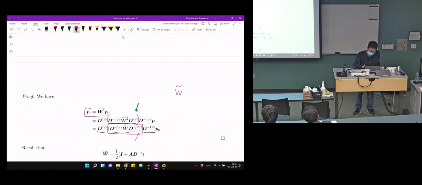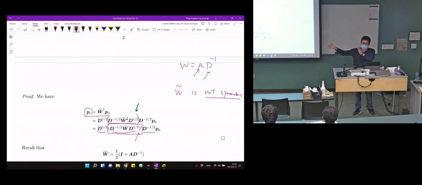First note that W_theta is not symmetric. W is just this thing, A is symmetric, but you multiply by D inverse on the right only, so it's not symmetric. But you will see that this thing is symmetric.